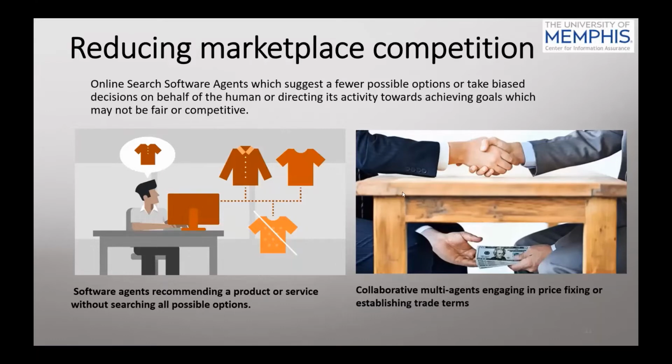So in this example, if the price fixing happens between agents where no humans are involved, then who will be responsible in those kinds of situations? That is a point which will be coming, and addressing those is becoming very important.